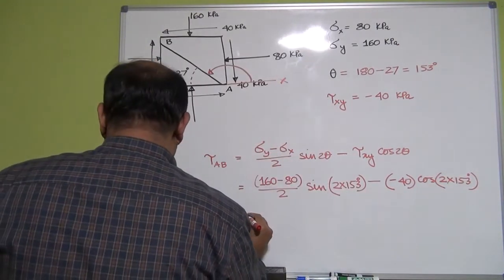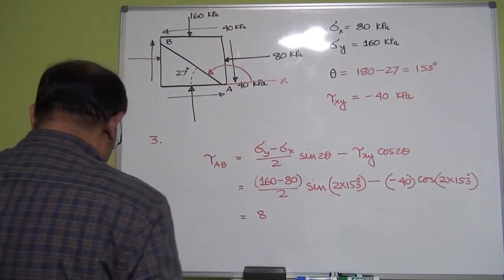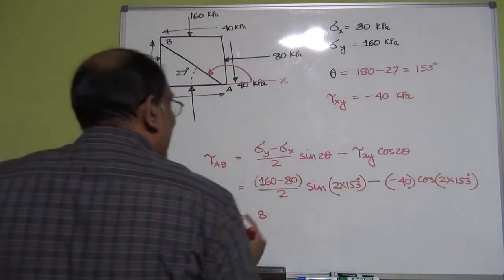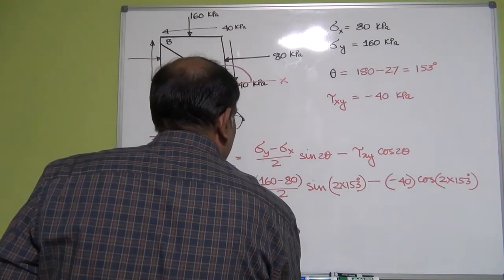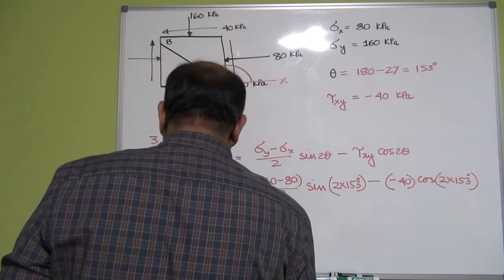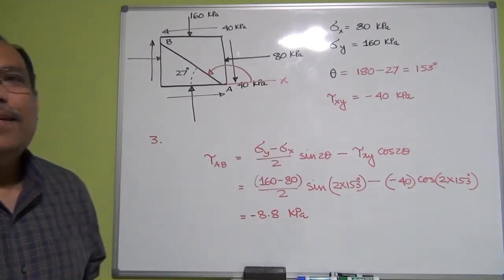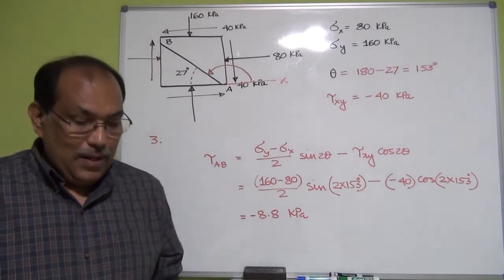So your answer is basically negative 8.8 kPa. So your answer is basically E. Okay? Now let's move forward.